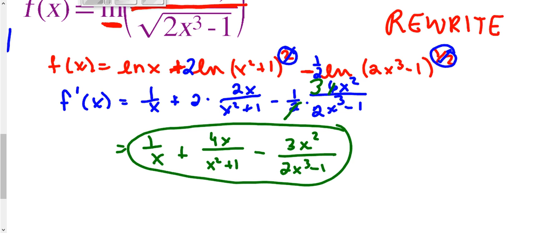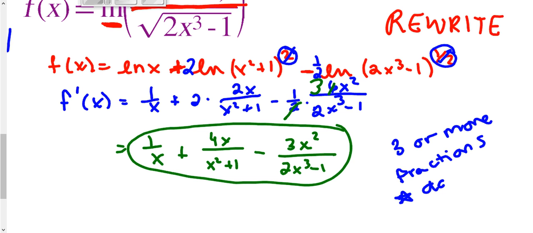I know in the last one we combined those fractions, but that was because there was only 2. Make a note, if there are 3 or more fractions, don't add them with your common denominators. Just leave it.